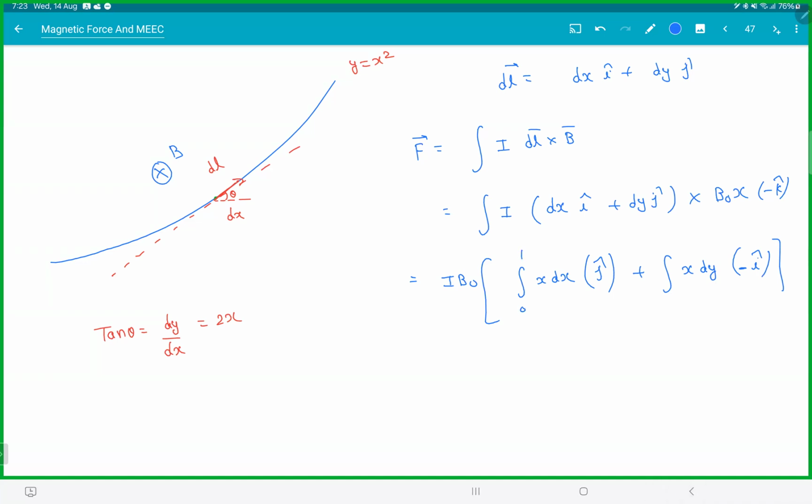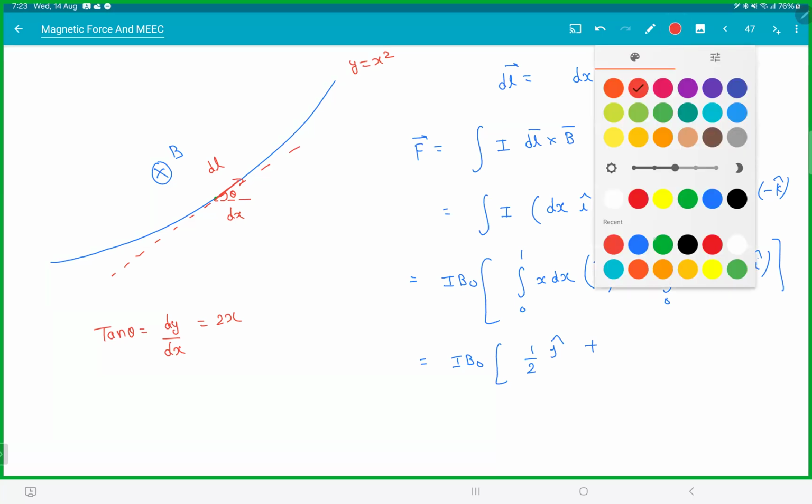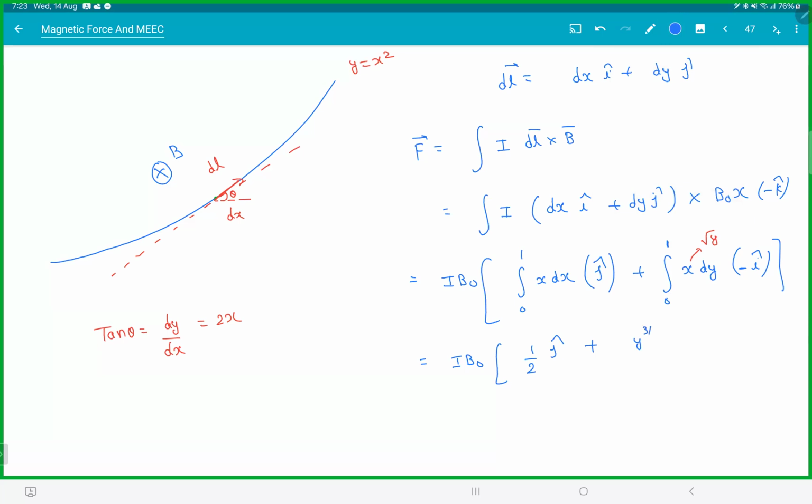Here I'll get stuck. I can find the y is equal to x square equation, I know. So this would be I B naught, and that would be half j cap, x square by 2, plus x is nothing but root y. Y ka value also will go from 0 to 1. So root y ka integration, that is y power 3 by 2 by 3 by 2, limits will go from 0 to 1, minus i cap.